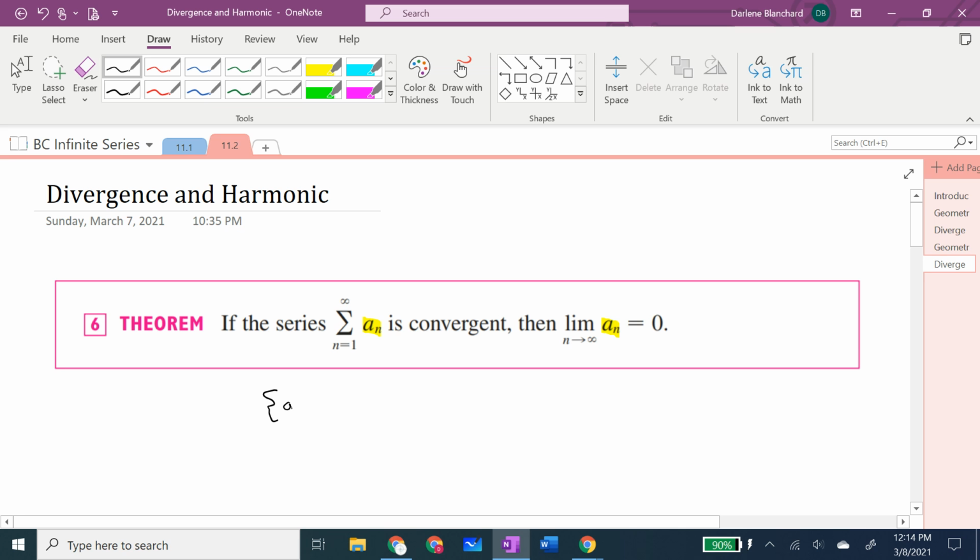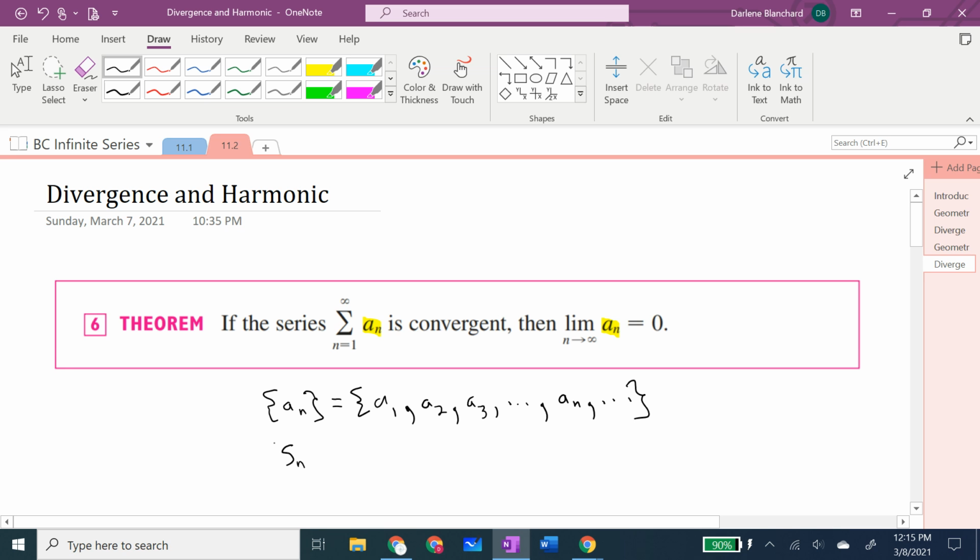If I look at the sequence of just the terms, then I'm getting first term, comma, second term, comma, third term, comma, nth term, comma.